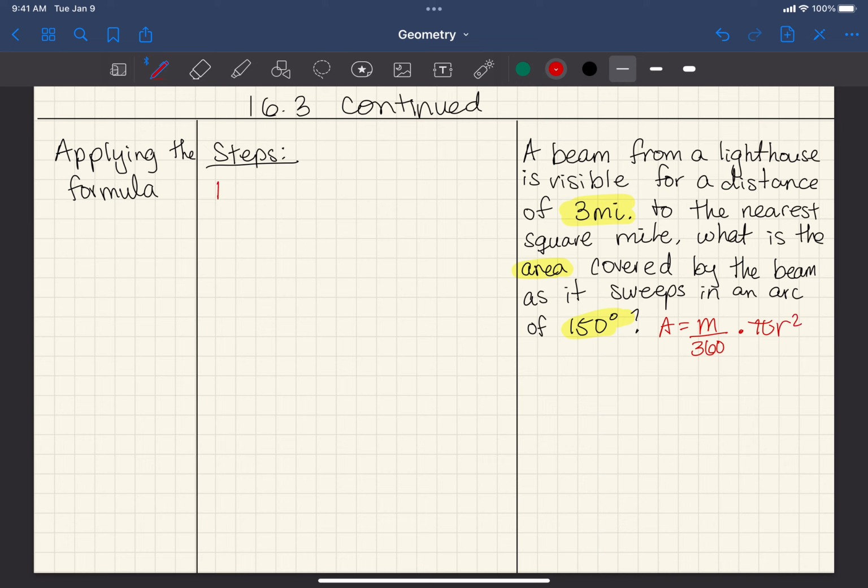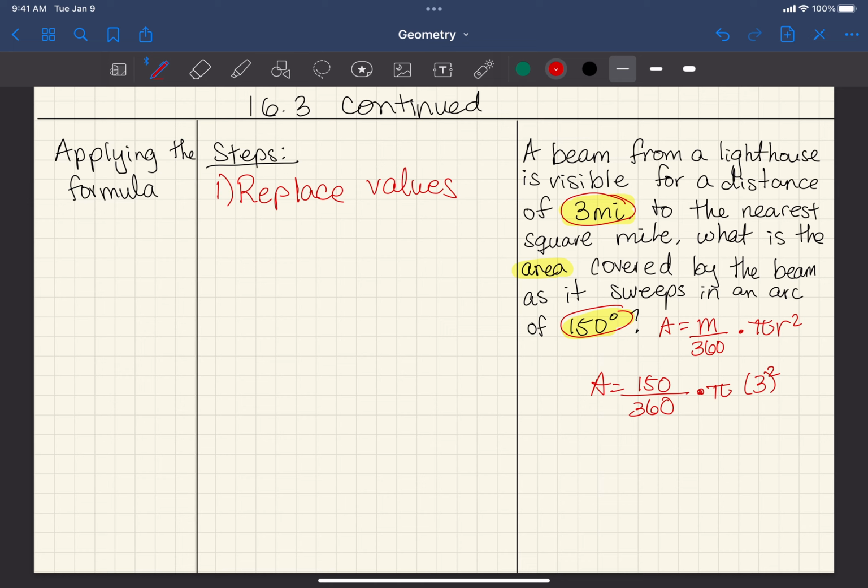Okay, so my first step, once again, replace values. So my area is equal to, well, the only degrees that I have is 150, right? So it's going to be 150 over 360 times pi, and now my only other measurement I'm given is 3 miles. So that 3 miles acts as my radius.